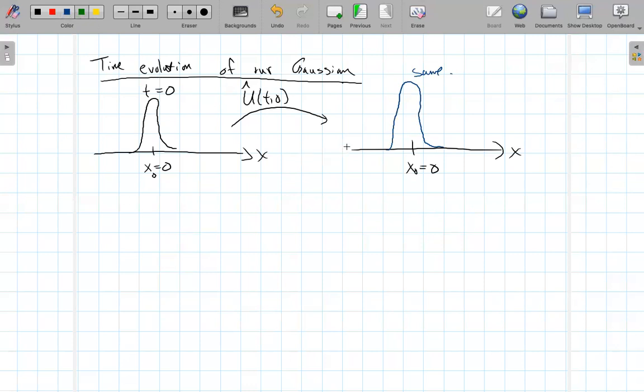Or does it, say, devolve with time? So it does something more like this. It gets more spread out. So does it devolve? Or does it become more localized? Does this thing actually become something more delta function like? So does it localize?